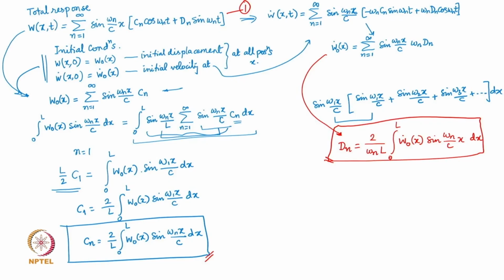Okay, so this is a free vibration response. You are basically trying to find out the vibratory response of the stretched string to certain initial conditions. Now these are initial conditions that you are prescribing, right? So the values of Cn and Dn are essentially based on these kind of initial conditions that you have imposed on the stretched string at time t equal to 0.